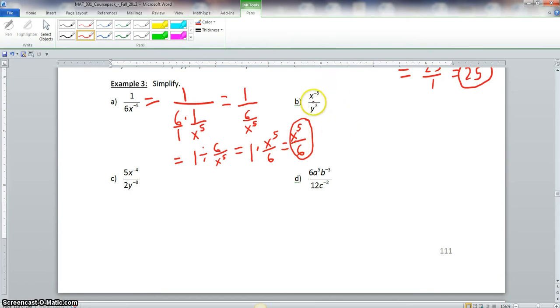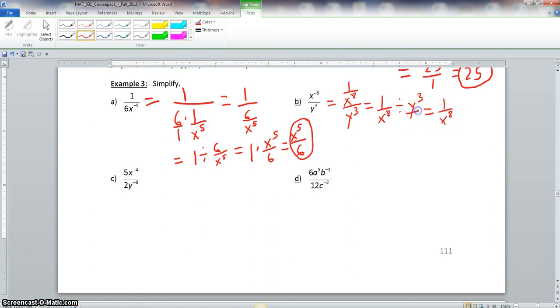Okay, now we go to B. Now we have x to the negative 8. That'll be 1 over x to the 8th power divided by y to the 3rd power. That is the same as 1 over x to the 8th divided by y to the 3rd.